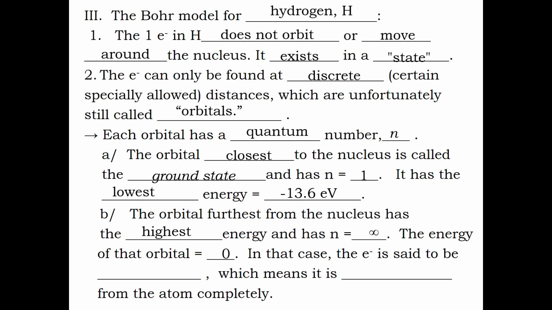In that case, the electron is said to be ionized, in which case it is completely removed from the atom. So every once in a while, an electron will just completely jump out of the atom, and it will create what's called an ion. And that happens when the electron becomes so excited, it just leaves.